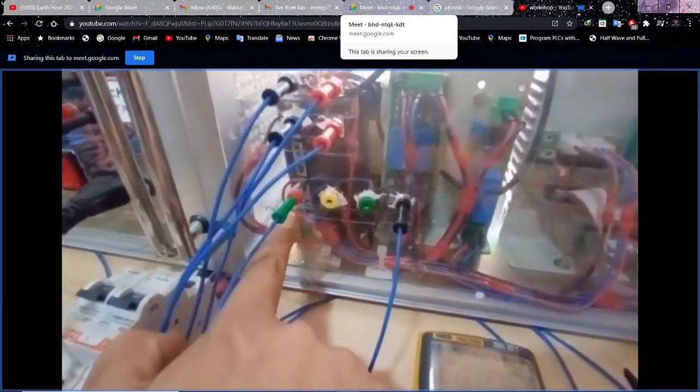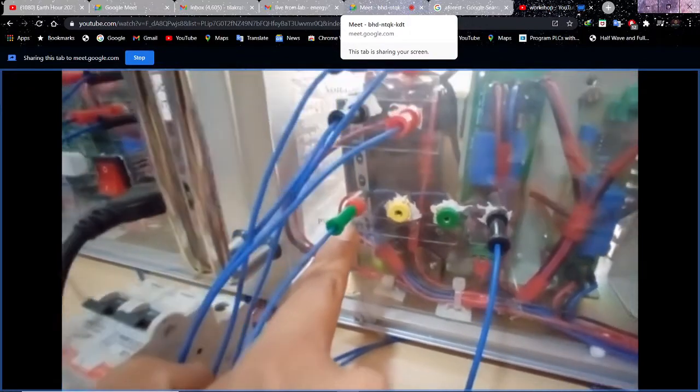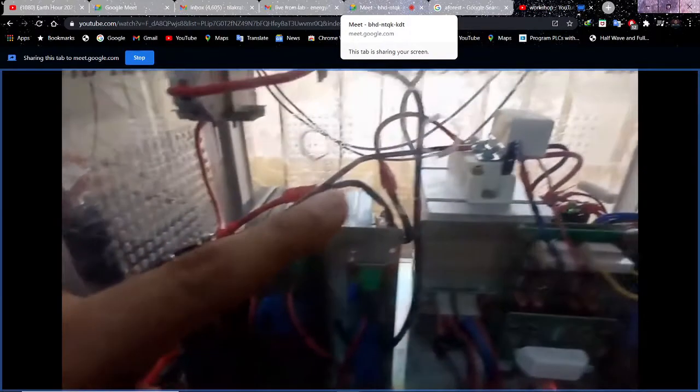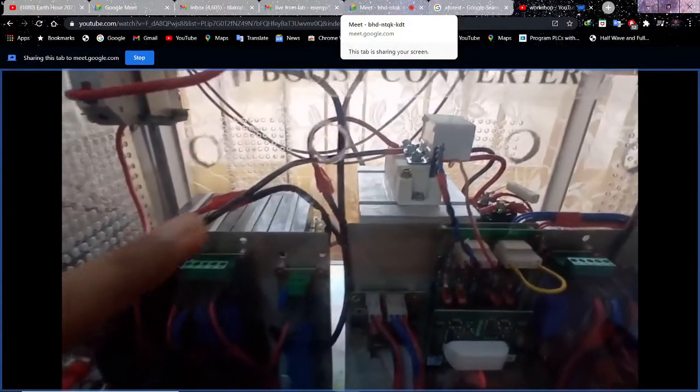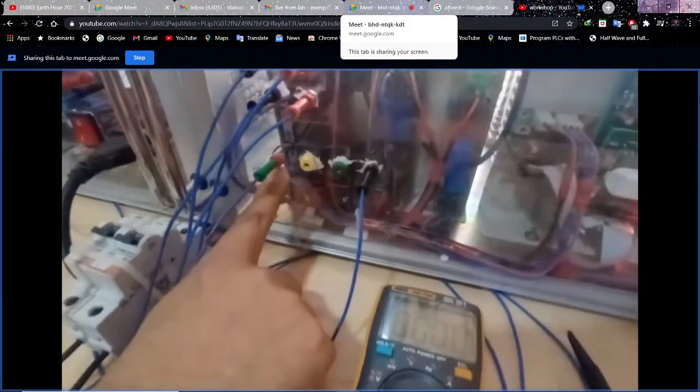This one is for the bottom IGBT. The other IGBT is there, which we can see from here. In this IGBT leg, two IGBTs are there. For the bottom IGBT we will give the control signal, the PWM pulses.